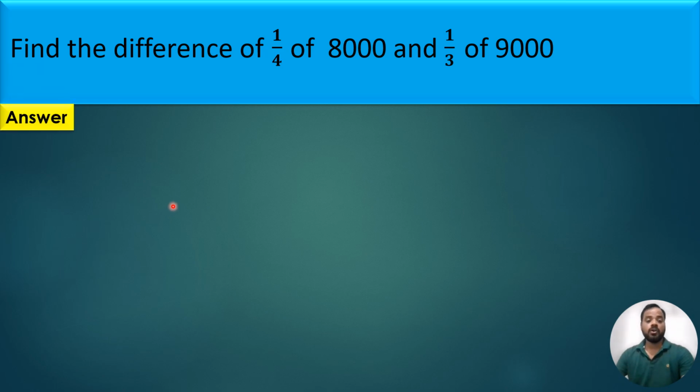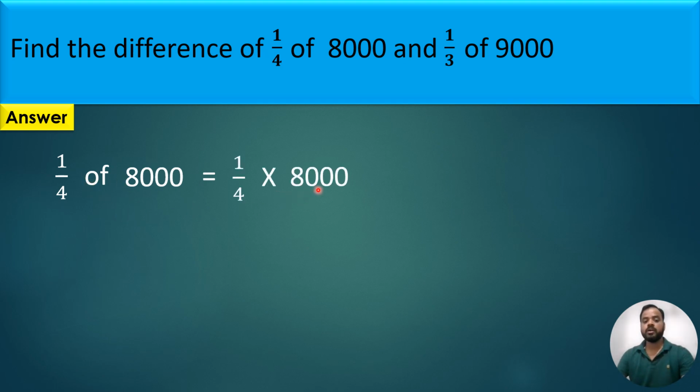So 1 by 4 of 8,000: of means multiplication. So 1 by 4 into 8,000. We cut 8,000 by 4. 4 1s are 4, 4 2s are 8, and 3 zeros. So what we get? 2000. So 1 by 4 of 8000 is 2000.